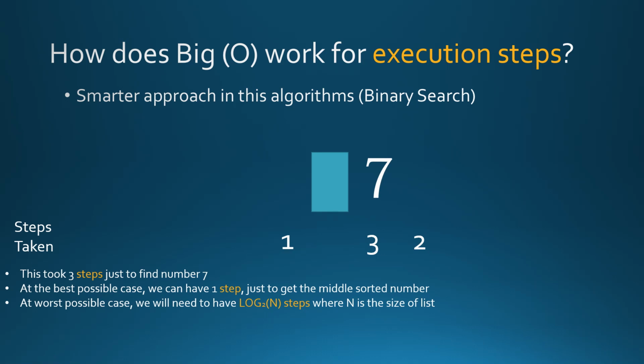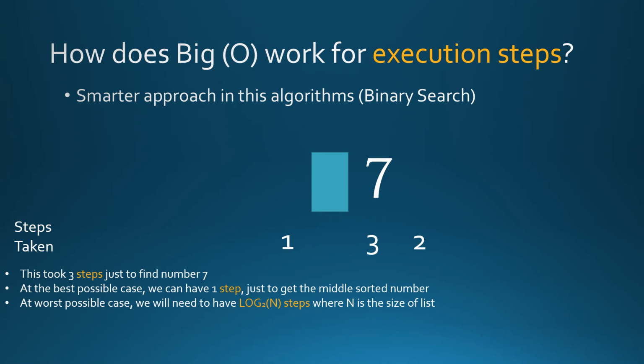You're going to iterate 3 times. So this way you made a lot of progress, saved a lot of steps, and made the execution steps as low as possible in terms of your algorithm.